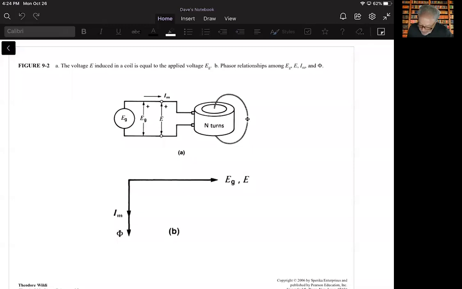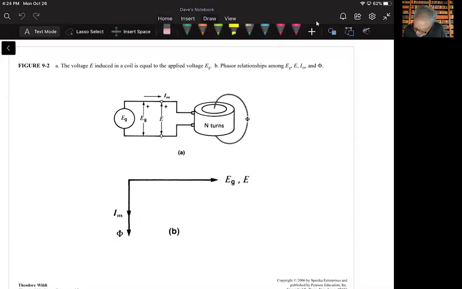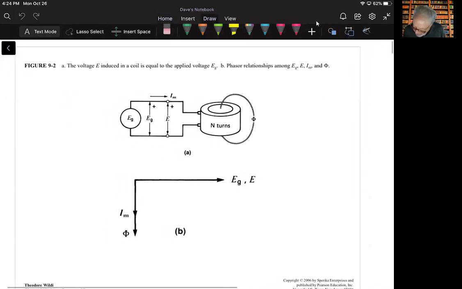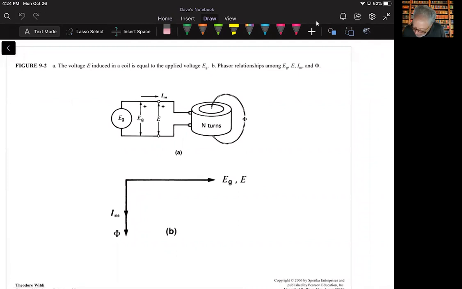Okay, so in figure 9.2a, what we have is a coil that has a certain number of turns on it. We'll call that N turns right here. And it's connected to a sinusoidal AC voltage source.